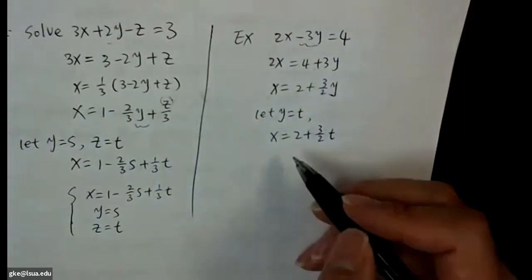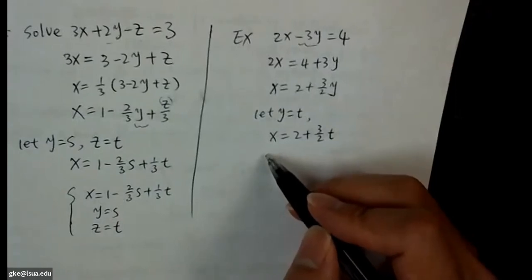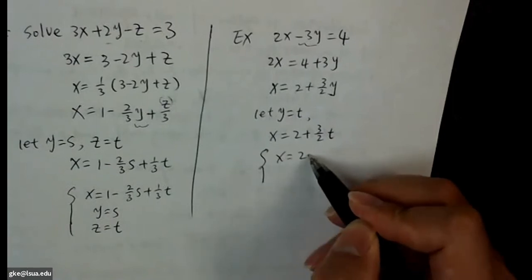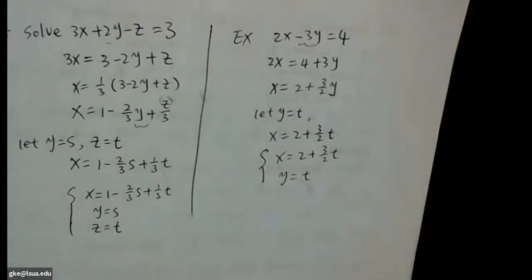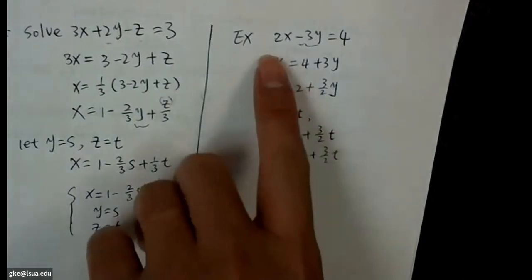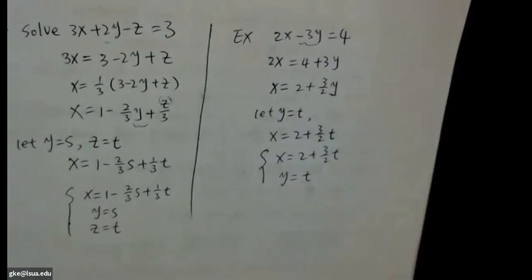So basically the parametric representation is x, y equals t, and t can be any real number, such as 0, 1, 2, 3, whatever you want. So for this equation, we have infinitely many solutions.